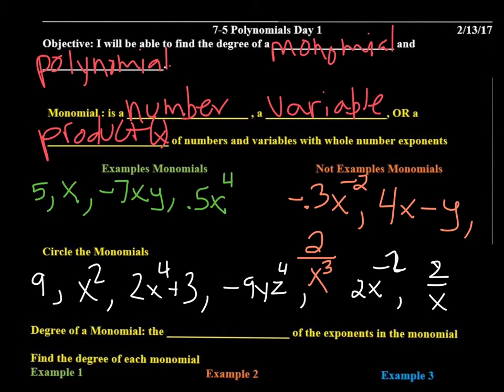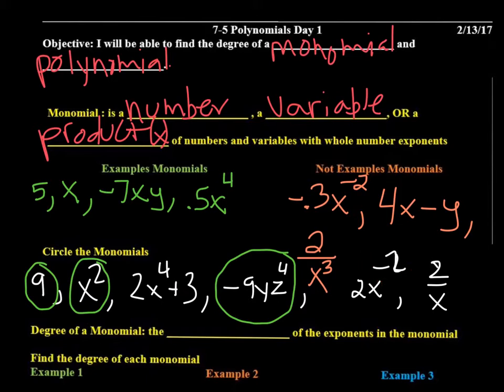Alright, welcome back. Hopefully you circled 9x squared, negative 9yz to the 4th. And that's it, because 2x to the 4th power plus 3 is not a monomial because of the plus sign. 2x to the negative 2nd power is not a monomial because of the negative 2.